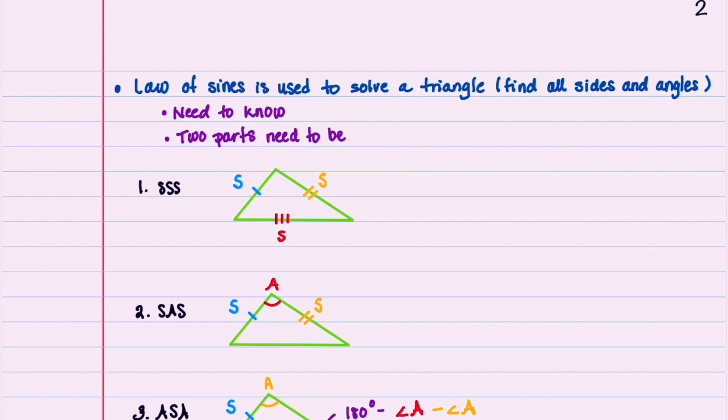The law of sines can be used to solve a triangle. That means we can use it to find all the sides and all the angles of a triangle. To do this, we need to know 3 parts of the triangle. Those 3 parts are going to be a combination of angles and sides.